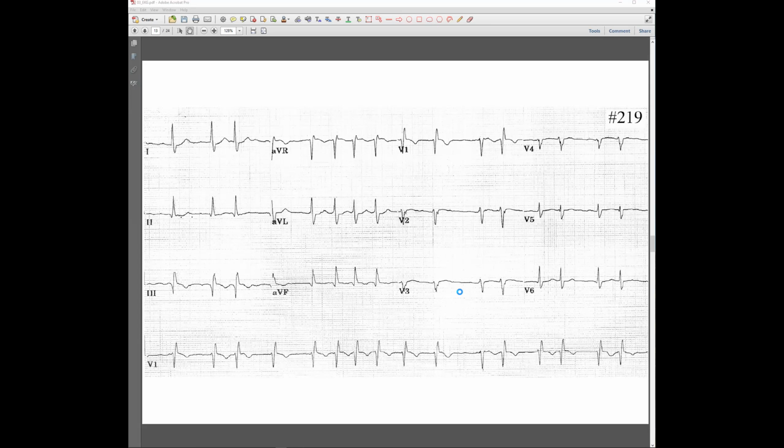We don't have any other leads, and especially together with the negative T wave. So we do see a deep S in 1 and Q and T in 3. S1, Q3, T3.